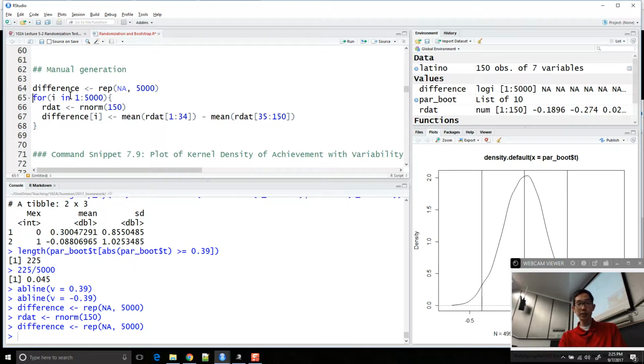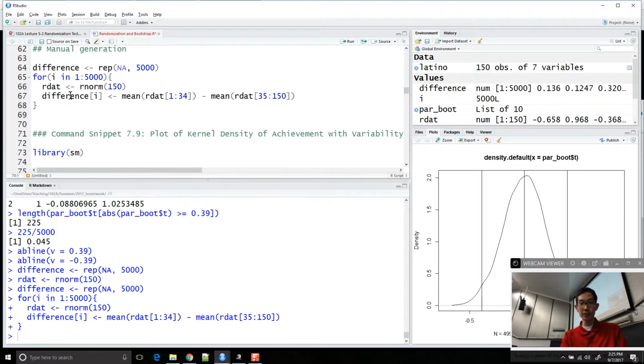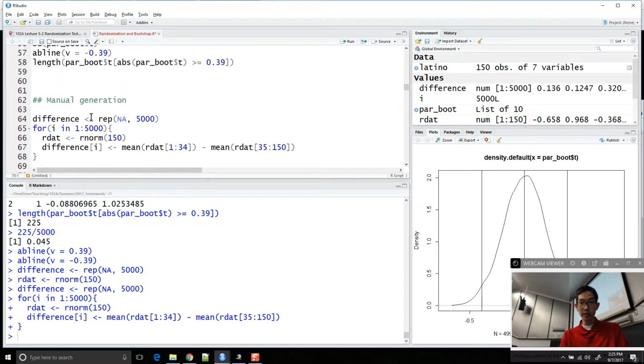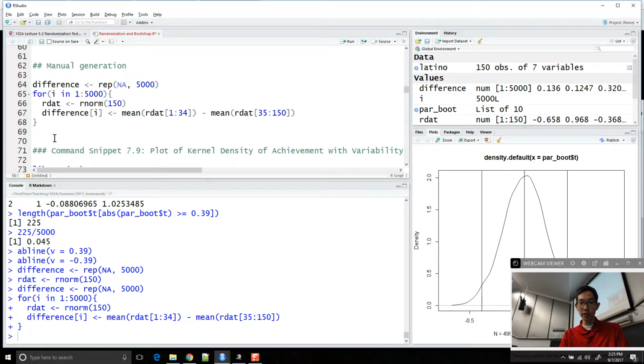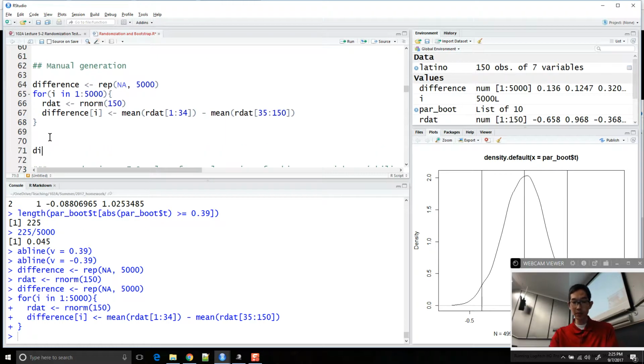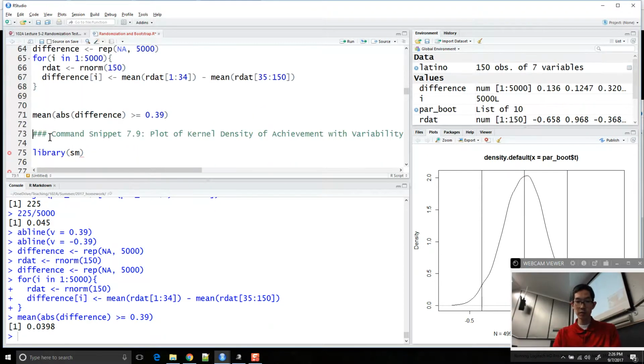So here I'm doing the differences, and then I could calculate how often our differences were greater than or equal to 0.39, and I should do the absolute value of the difference. That happens about 3.98% of the time.